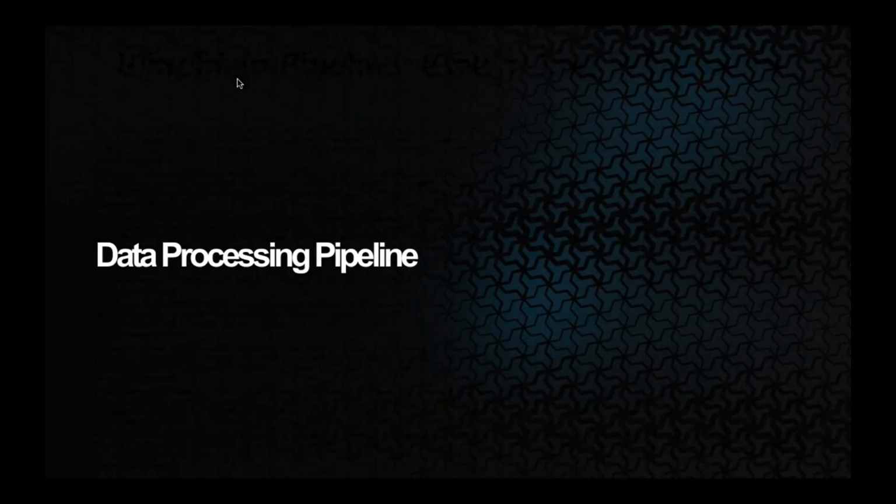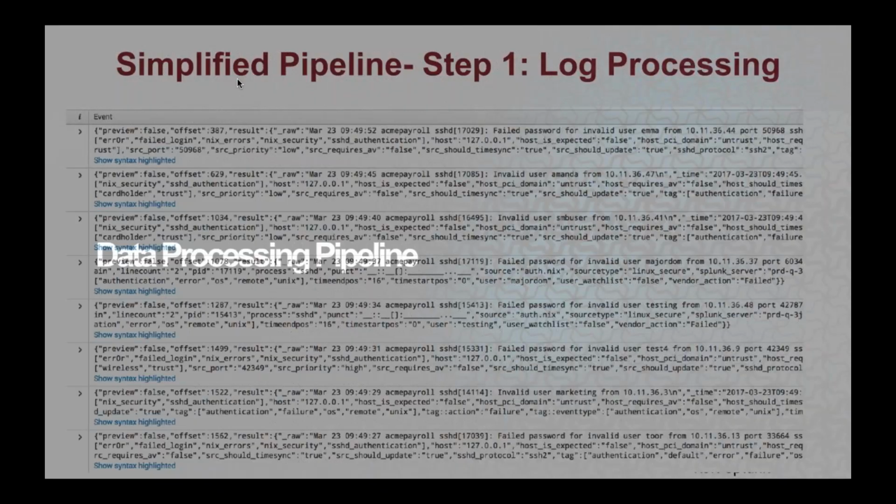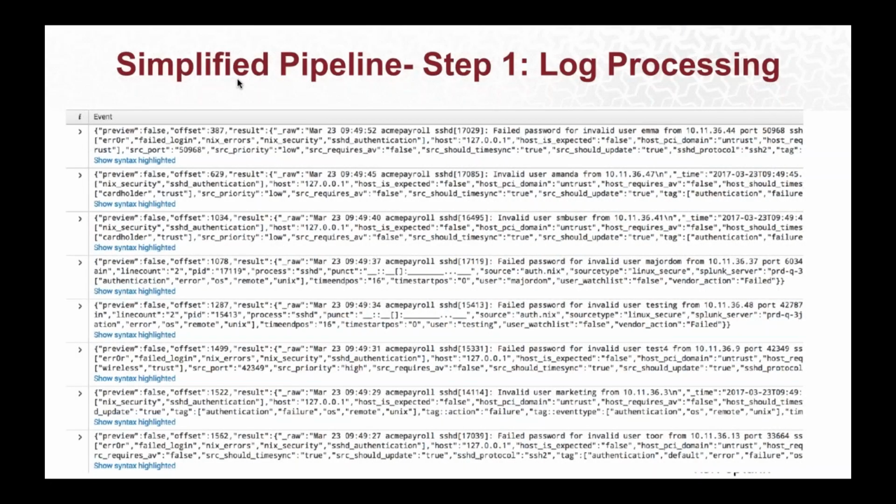The generic pipeline is we get the logs like this, and this is just one example of it. We typically need to have some kind of log processing done, which is done in a SIM, which is called Security Information and Event Management system.